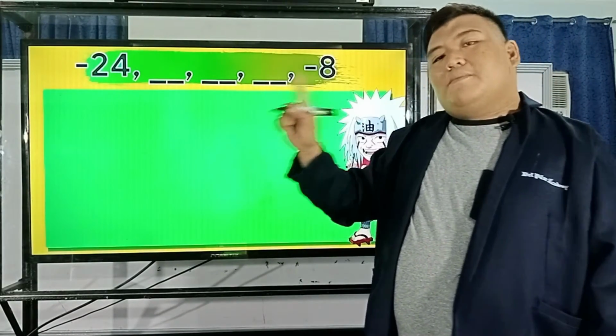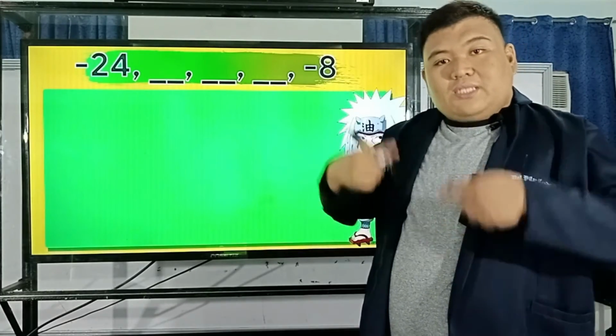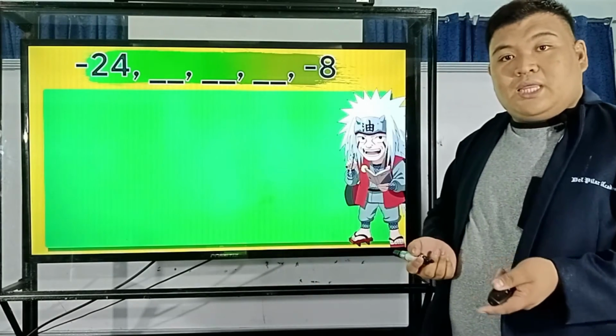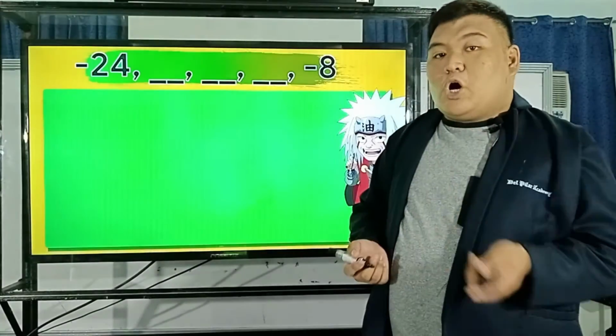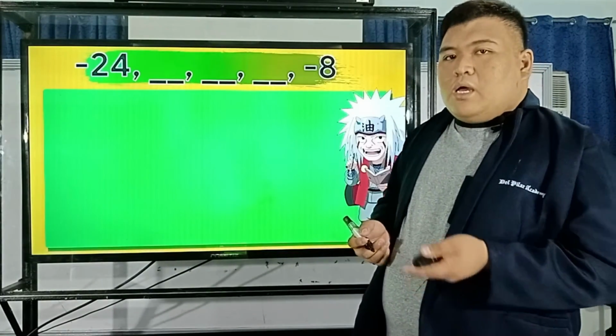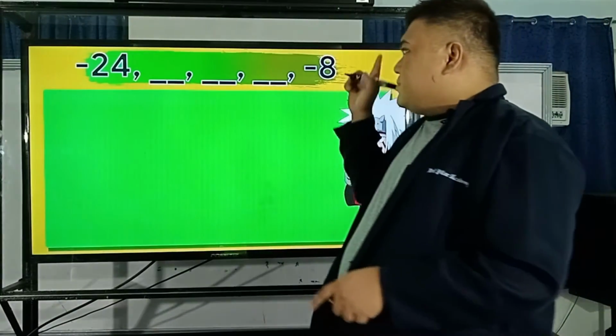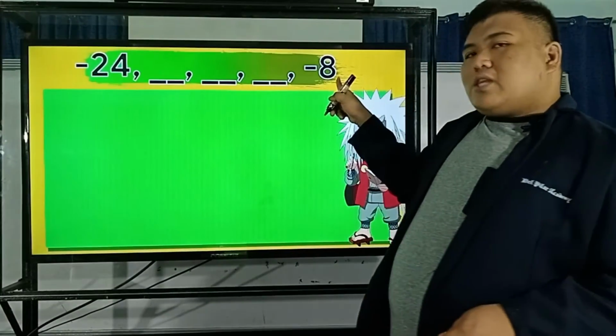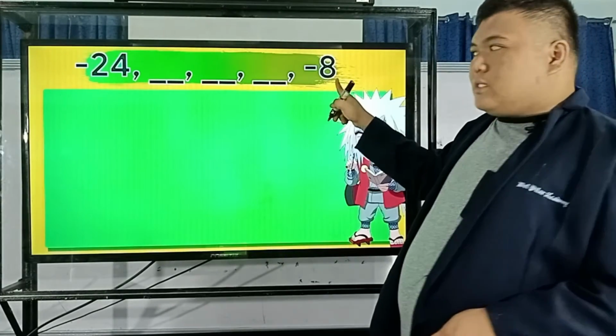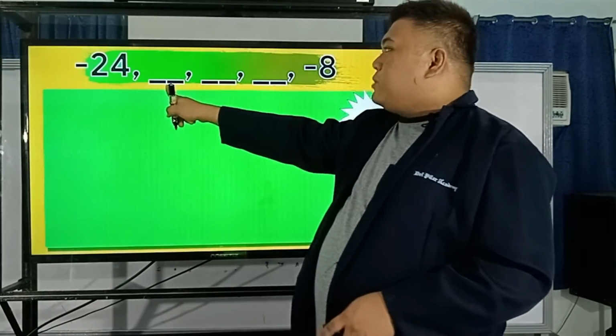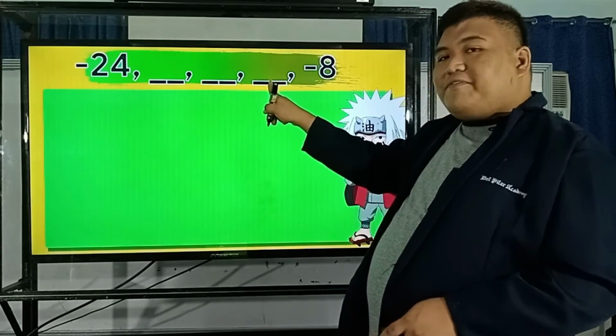So aside from using the formula, there is also another way in determining the common difference, which is a lot easier than using the formula. Let's see, pang ilang term si negative 8 doon sa sequence. So we have a sub 1, a sub 2, a sub 3, a sub 4.